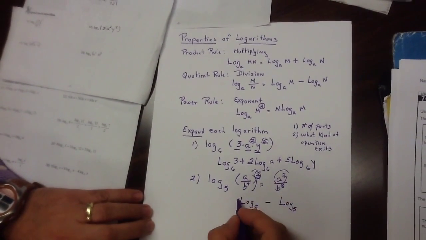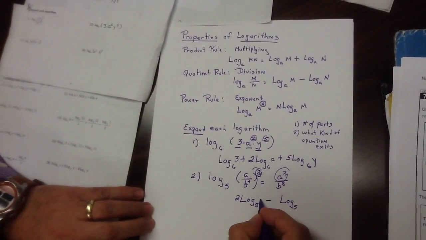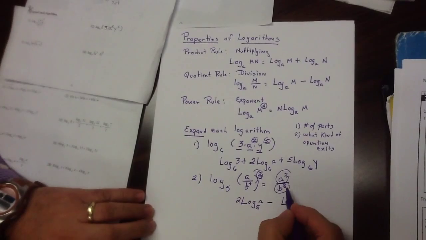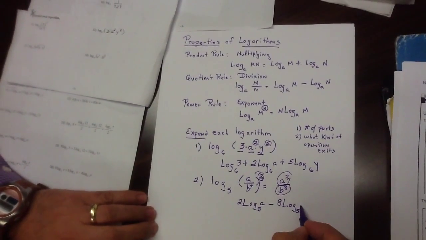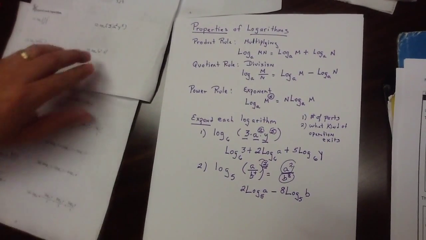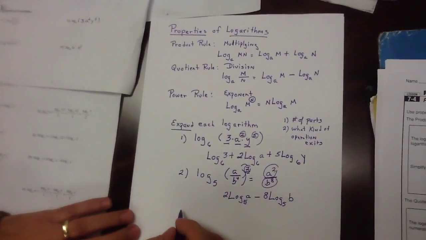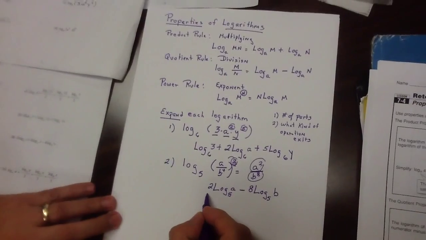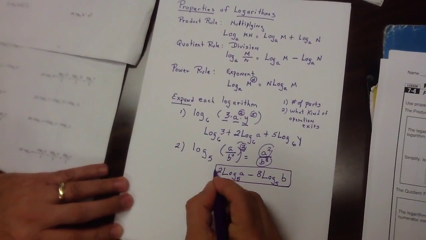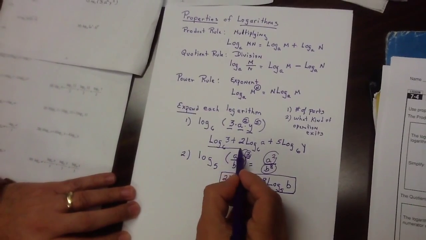The power is going in front, and the variable goes right there. I have another power. It goes in front, and the variable right here. So this is my answer, and I'm going to box it in as being expanded. The same for this one.